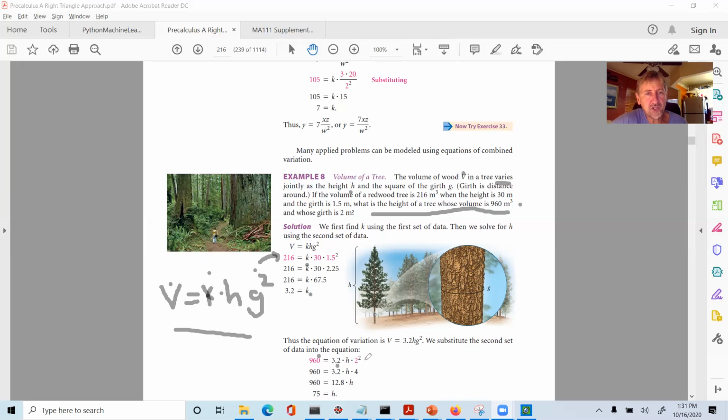We don't know H, and they give us the girth. Multiply 3.2 times 4, get those to the other side, and solve for H. So that tree is 75 meters high. That produces that volume.